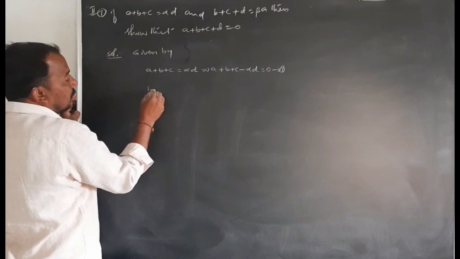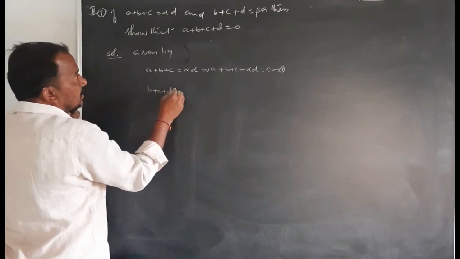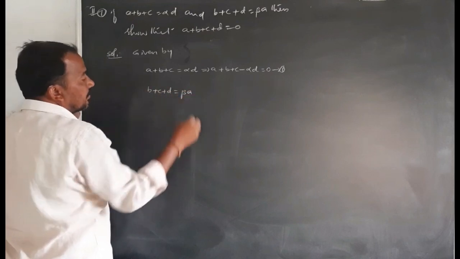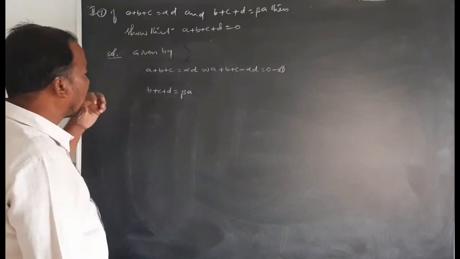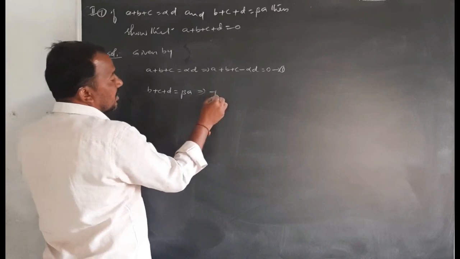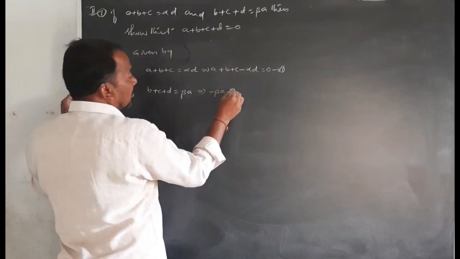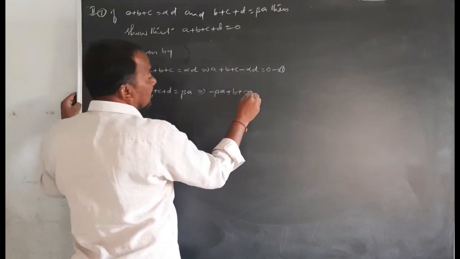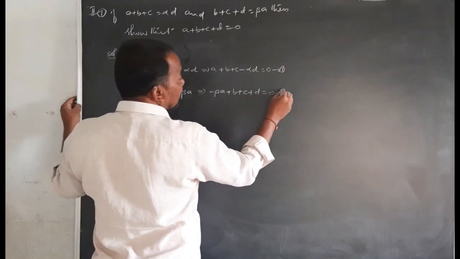And B plus C plus D equals beta A, transposing the right side to the left: minus beta A plus B plus C plus D equals 0, equation number 2.